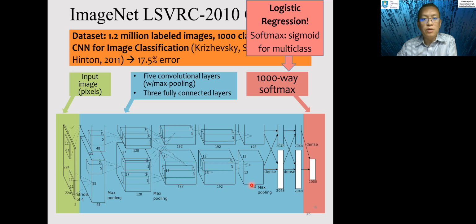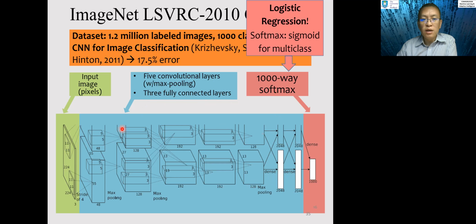And there are also 3 fully connected layers, as we see in our linear models. You see here labeled as dense, which means they are fully connected layers. We have 1, 2, and 3.